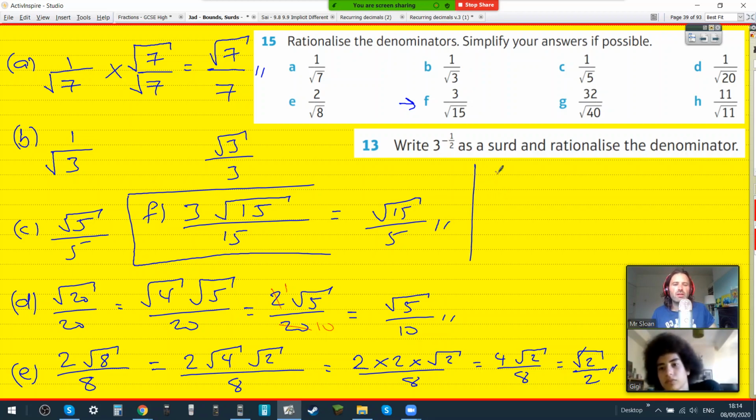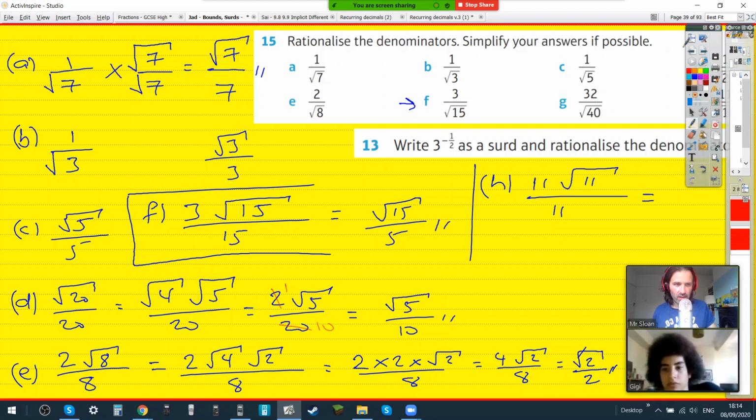And what would be H? 11 over root 11. Not sure. 11 root 11 over 11. It'll be just 1. 11 over 11 is 1.